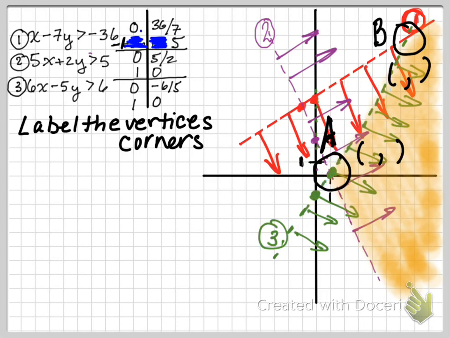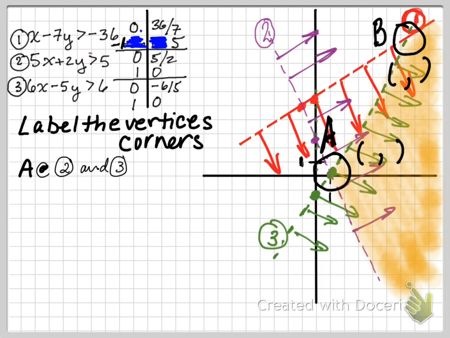If you look at A, and let's say I'm going to find A at, let me bring this down a little bit. That's another reason why I label these, so it's really easy for me to see which two edges intersect there. So I'm going to say A at 2 and 3.